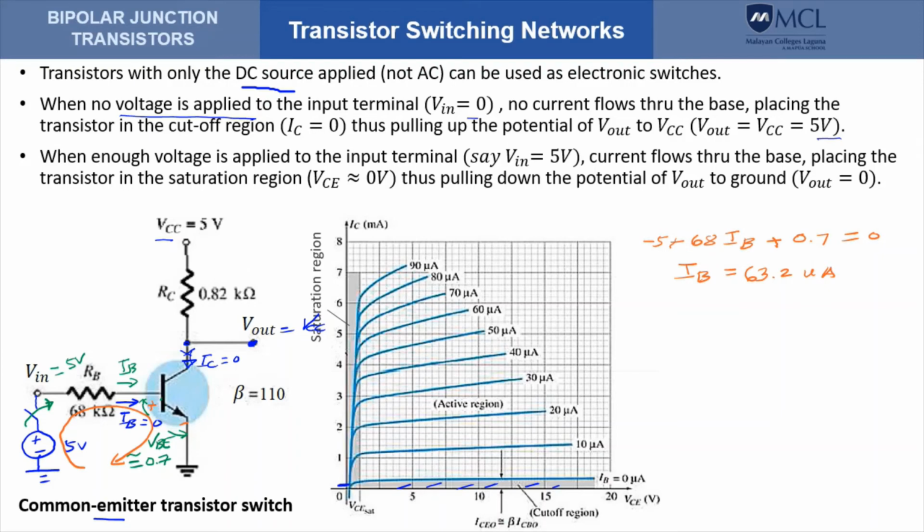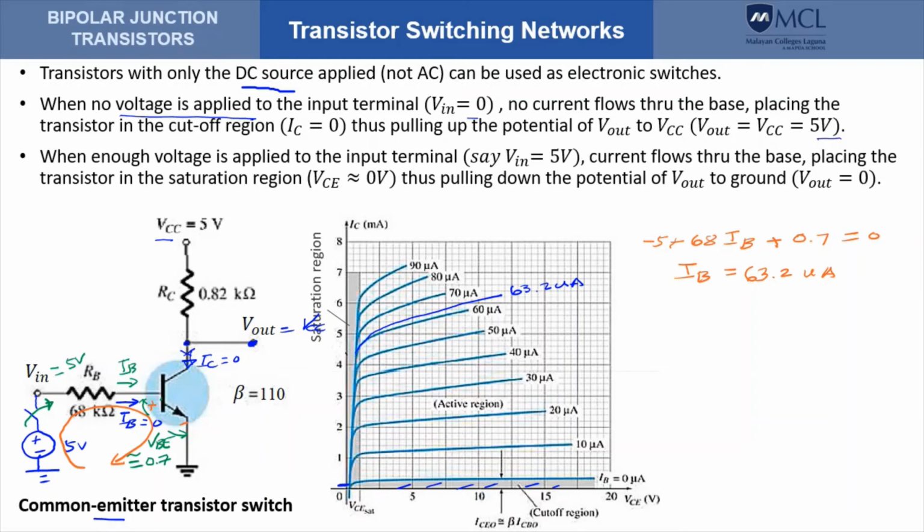So that means we'll be using the curve that is somewhere here, where this is 63.2 microamps.